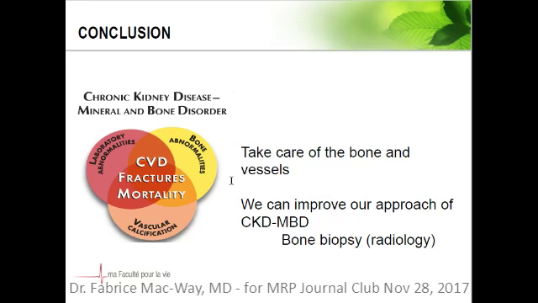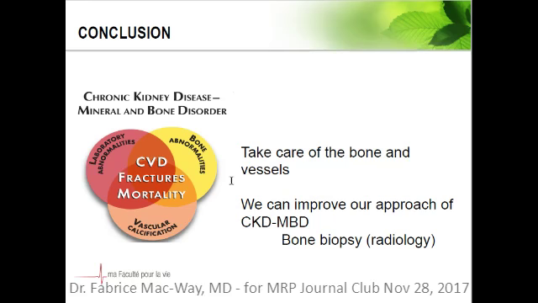Then you have to give an option of treatment for your patients. So you change PTH, you change the calcium, you change the phosphate, but now we don't have any idea of the effect of the changes we make on the bone. And the outcomes we want to prevent are bone fracture and vascular calcification.